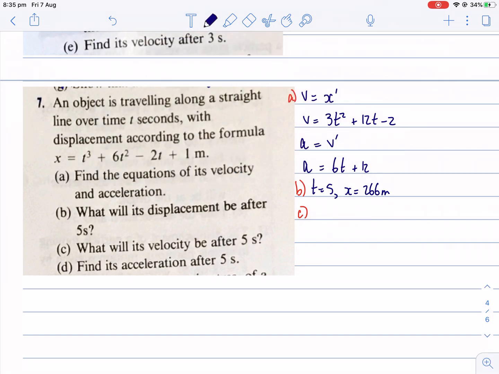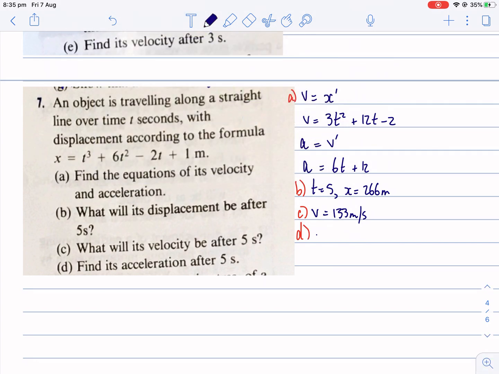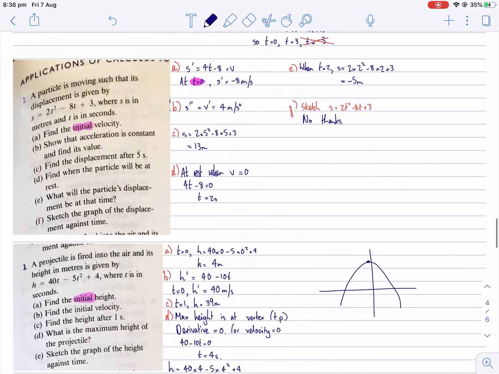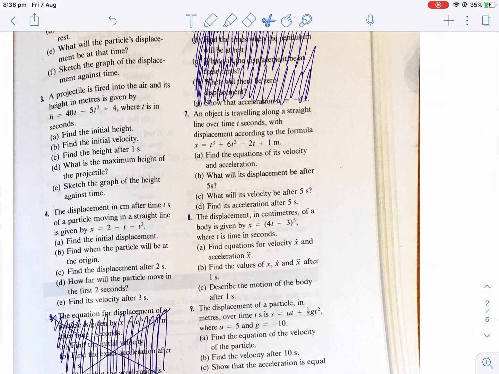Velocity after 5 seconds, so I've got 3 times 5 squared plus 12 times 5, take 2, 133 meters per second. And the acceleration after 5 seconds, 6 times 5 plus 12, 42 meters per second. Wow, that's going really quickly. I mean, that was a nice quick question, but it's still annoying.